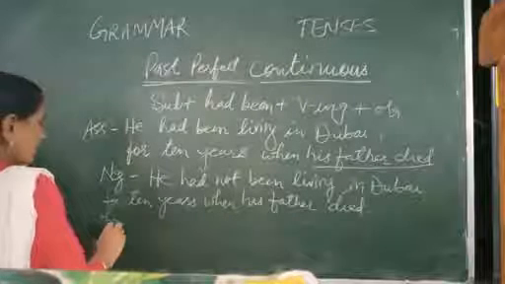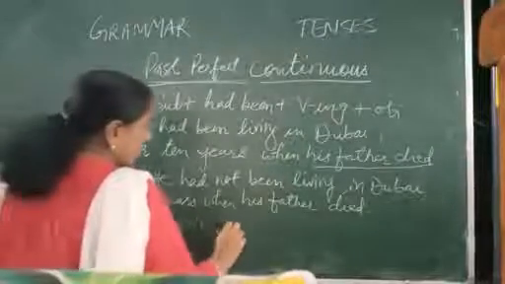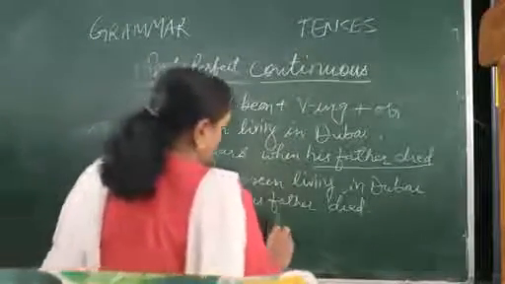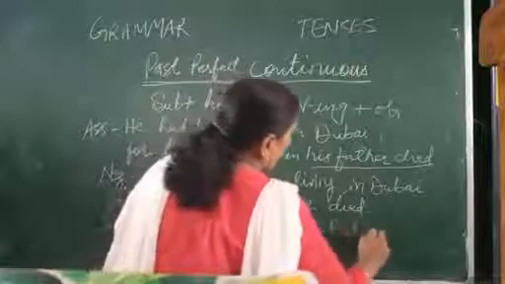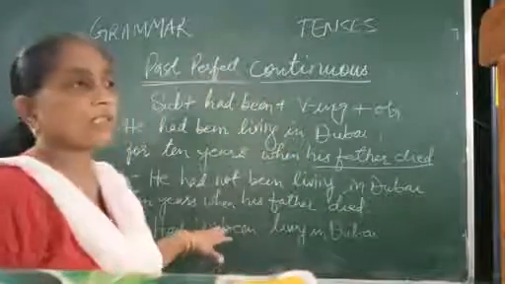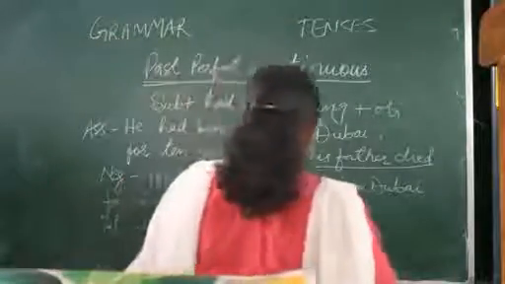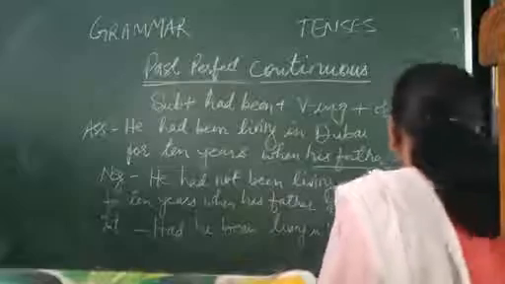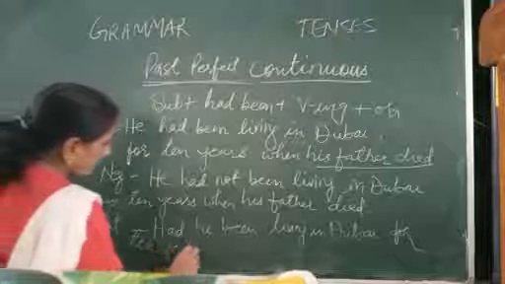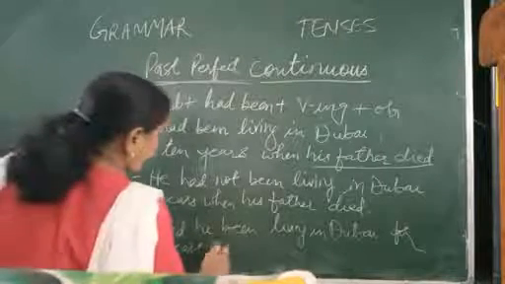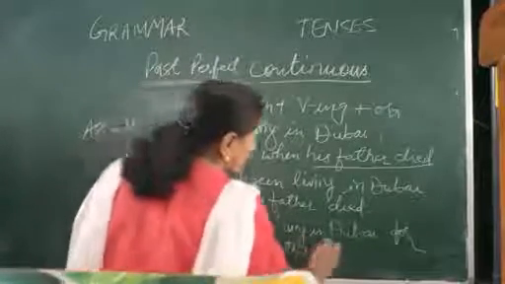And interrogative is had he been living in Dubai? All these interrogative questions are of yes no type, or we can say helping verb type questions. Had he been living in Dubai for 10 years when his father died.